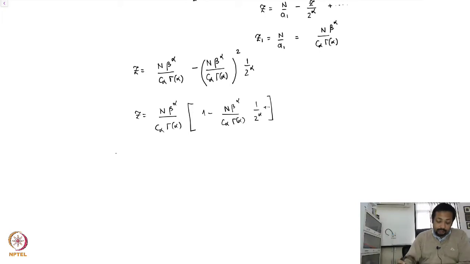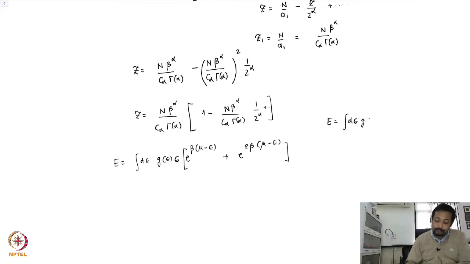Now the energy E is the integral dε g(ε) [e^{β(μ−ε)} + e^{2β(μ−ε)}] with an extra epsilon factor, because I'm taking the average of the energy.